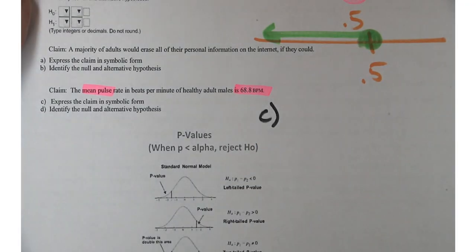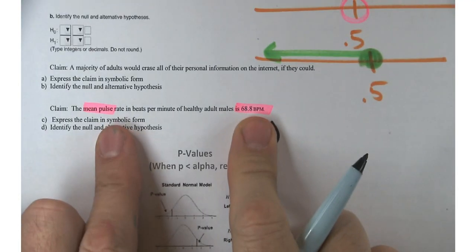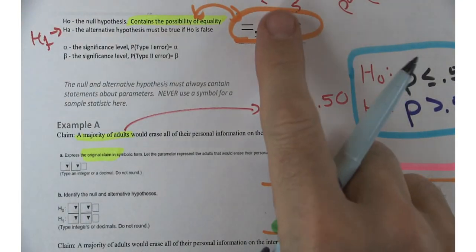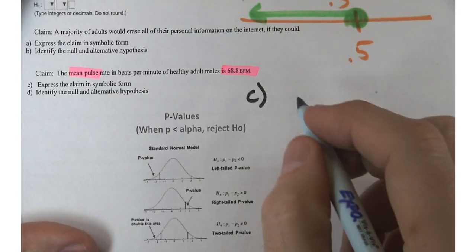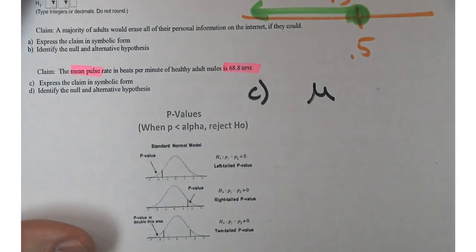H0 is mu. No, I don't want the H0 yet. Just this much. First of all, what parameter am I testing? Am I testing mu, sigma, or p? Mu. So it's going to be something about mu. Then what math symbol can I use? Joy? Suggestions?